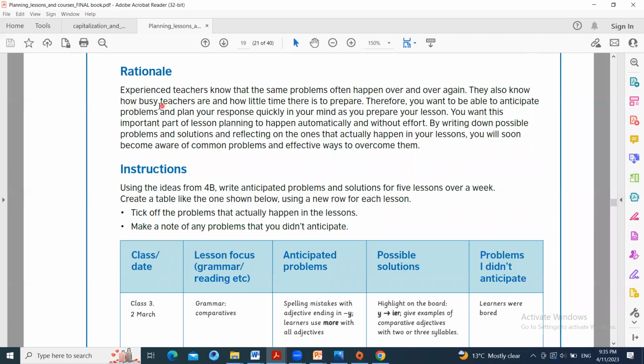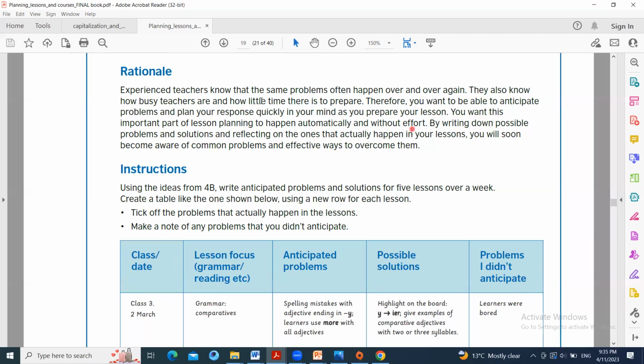They also know how busy teachers are and how little time there is to prepare. Therefore, you want to be able to anticipate problems and plan your response quickly in your mind as you prepare your lesson.